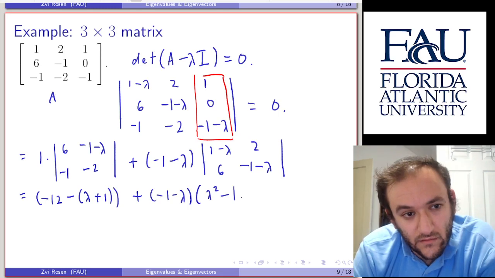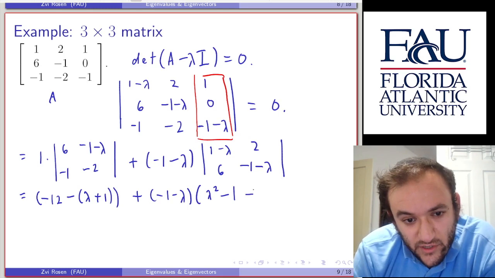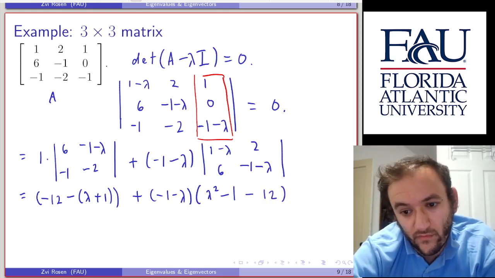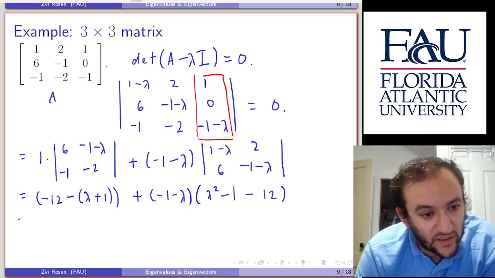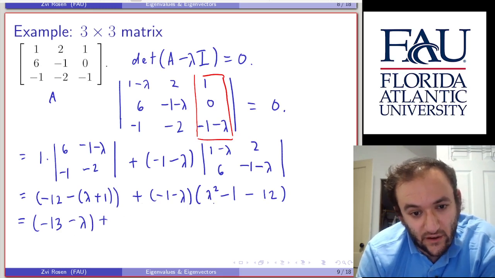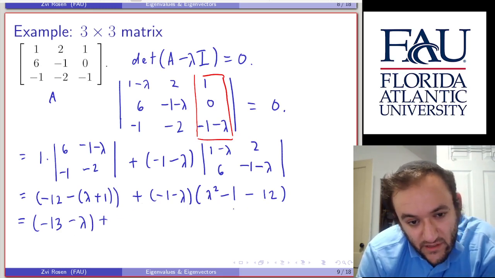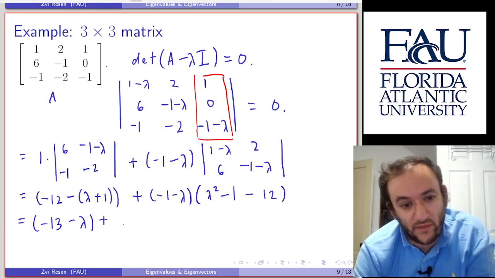And we subtract from that 2 times 6, which is 12. Simplifying further, we have negative 13 minus lambda plus, now I'm just going to multiply, this is lambda squared minus 13, but I'm going to multiply through the minus 1 minus lambda.